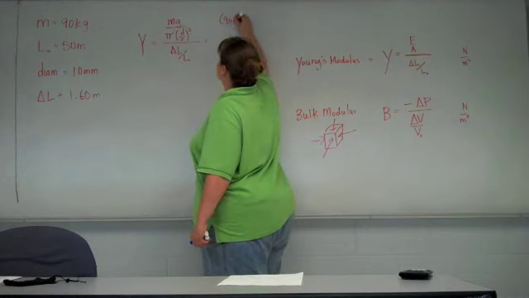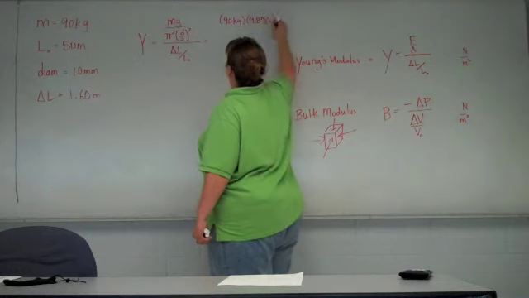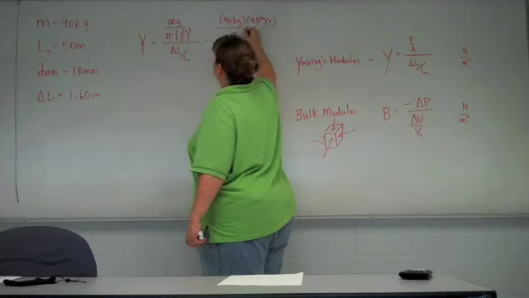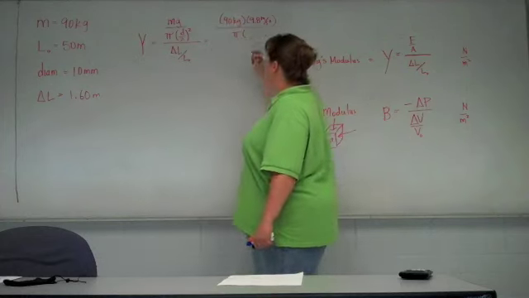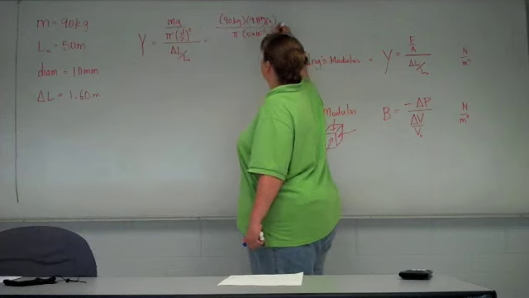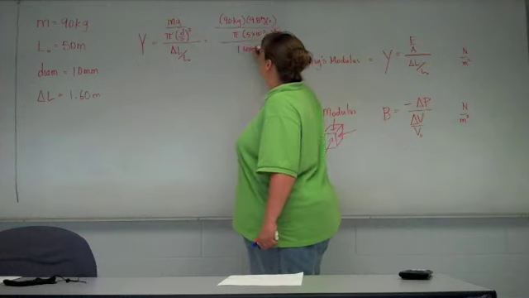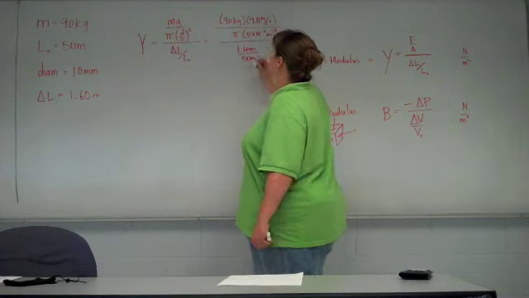So m is 90 kilograms. g is 9.8 meters per second squared. Pi, half the diameter is 5 millimeters, so 5 times 10 to the negative 3 meters. Delta L is 1.6 meters. L naught, the original length, is 50 meters.